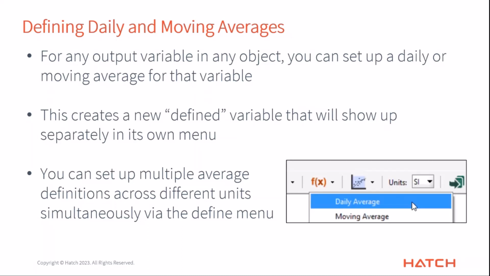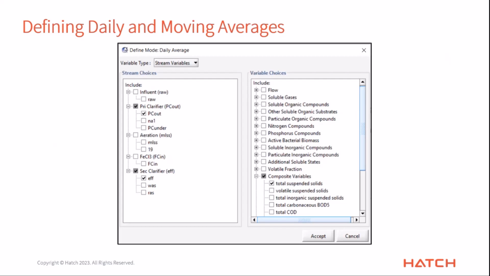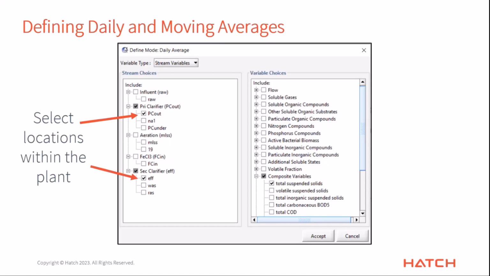So you click on the f of x button, and then you click on daily average, and it comes up with this type of menu here. Now, on the left-hand side, you have the streams. You have the stream connection points here labeled in the way that you would have labeled them. And so you check off one or more of those to specify the points at the plant where you would like to do these averages.